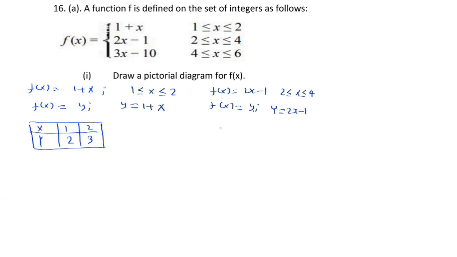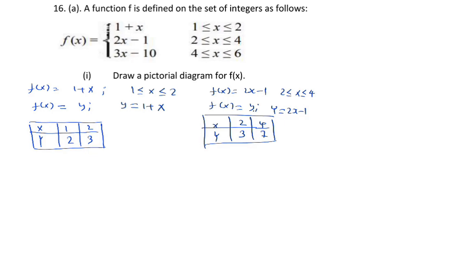Okay, so now let us get the value of y by substituting values of x in our equation. So we have x and y, and then the values are 2 and 4, and then when x is equal to 2, the value of y equals 3, and for the 4, the value of y is 7.